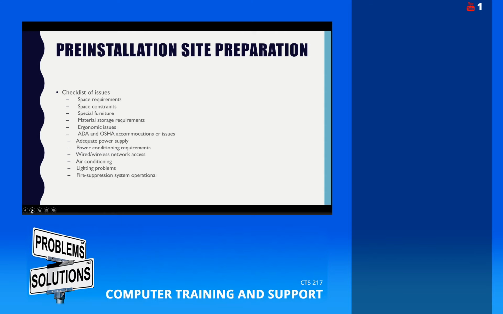One is space requirements. If you have a lot of servers that you need to install, big servers take up a lot of space. Do you have the square footage required that is going to be able to accommodate all of your space needs? If you want to set up a data center, for example, you're going to need servers.